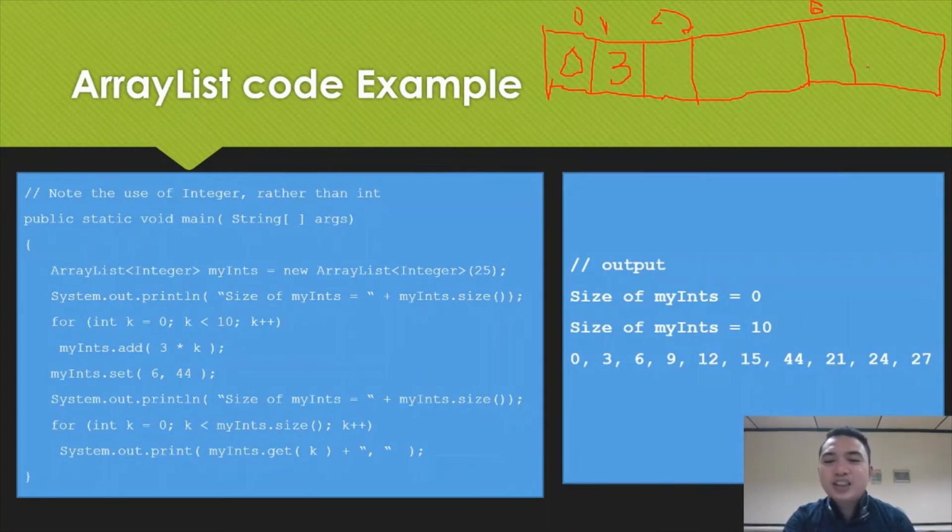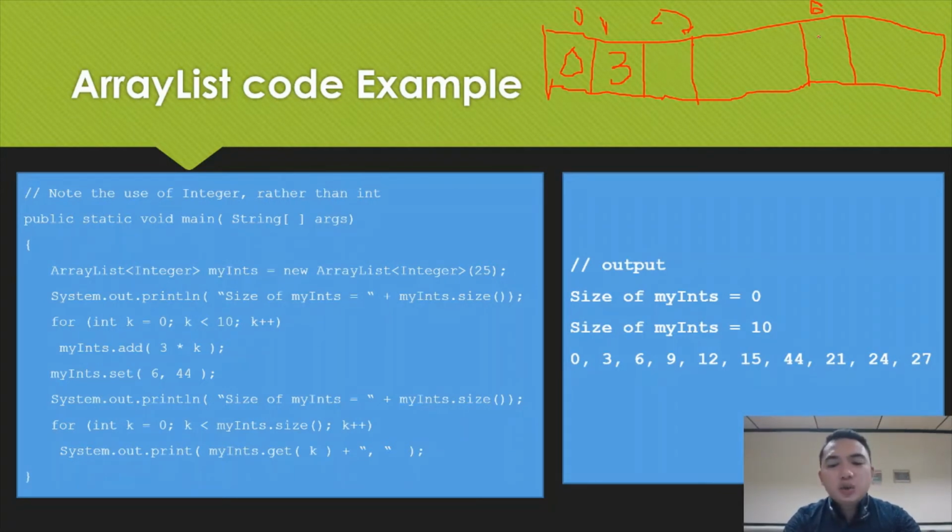Let's say 0, 1, 2, 3, 4, 5, 6. So the new value is 44. The original value is 5 times 3, which is 15.